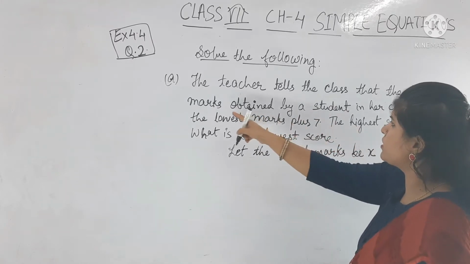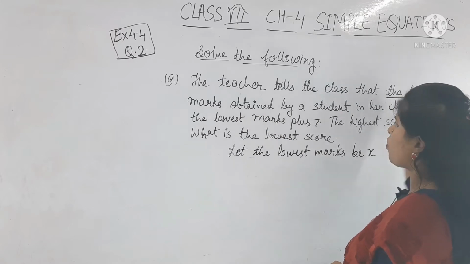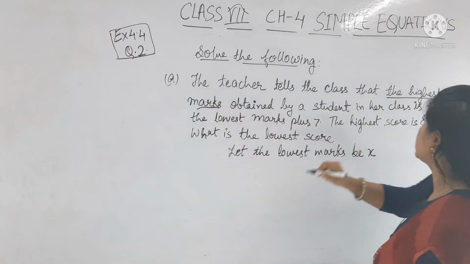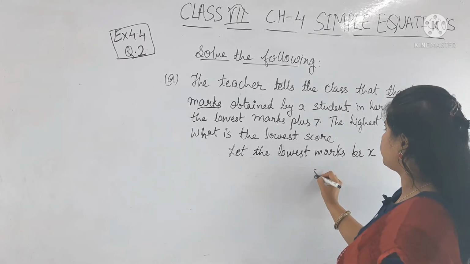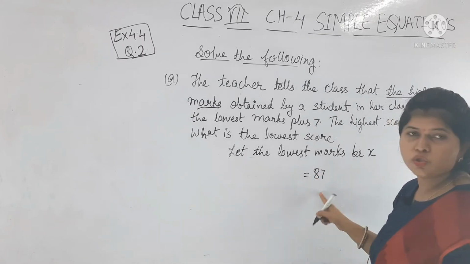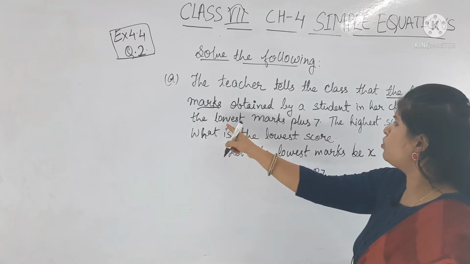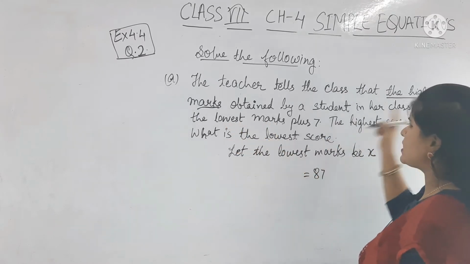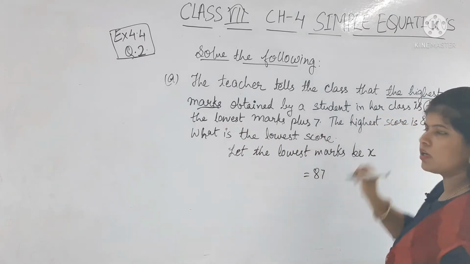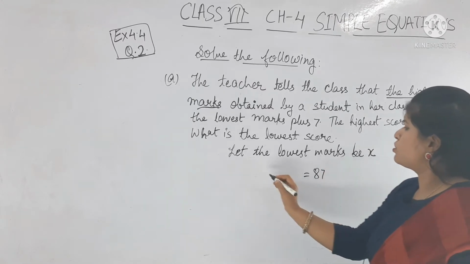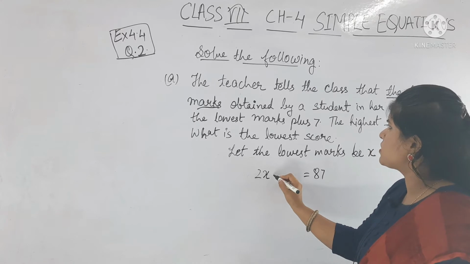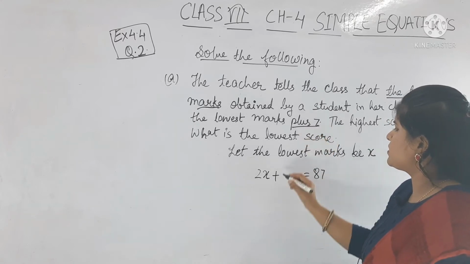So here what is written? The highest score, highest marks in her class, means 87. That is the highest score, is equal to twice the lowest marks plus 7. I had written the lowest marks as x, so twice the lowest marks is 2x plus 7.